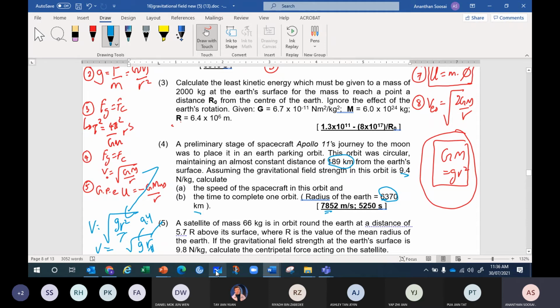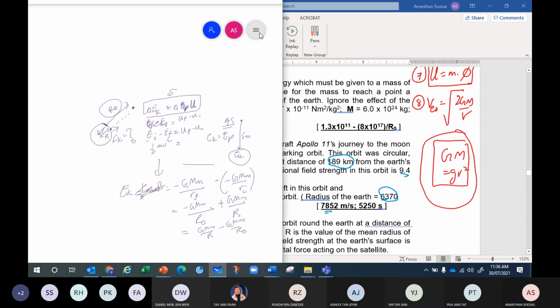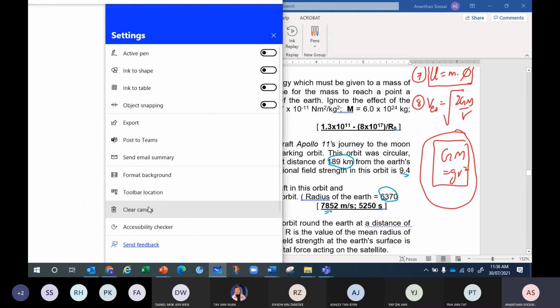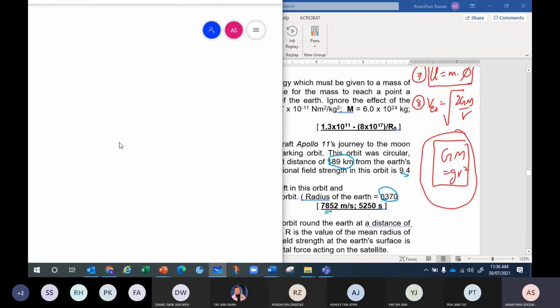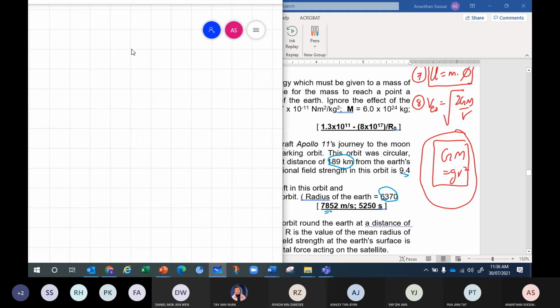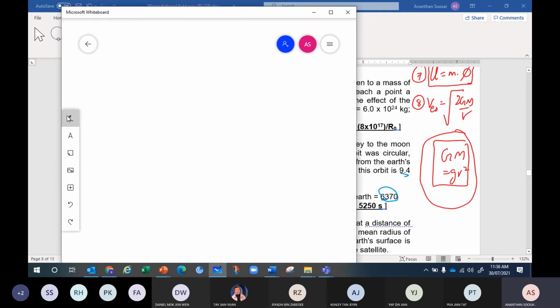Okay, let's see. So V equals root of gR.